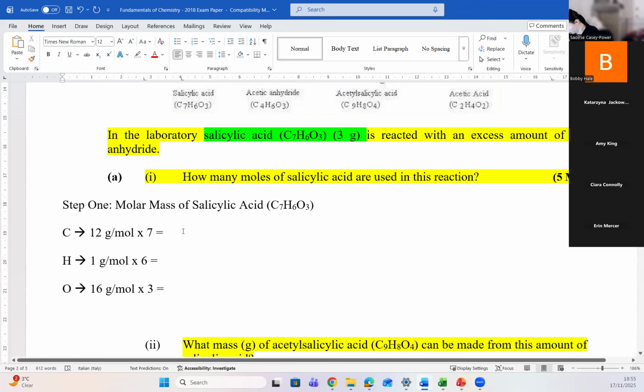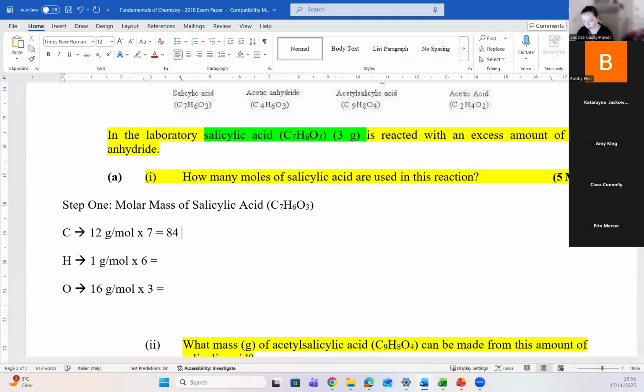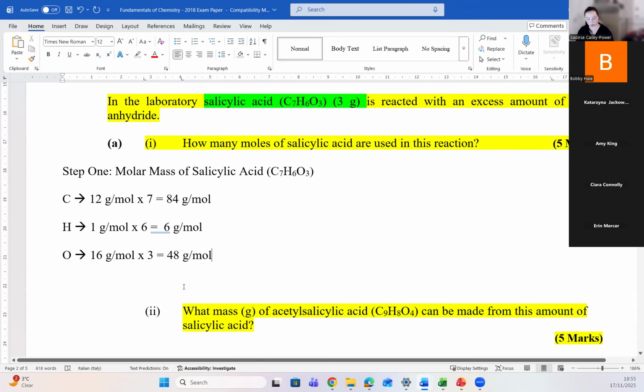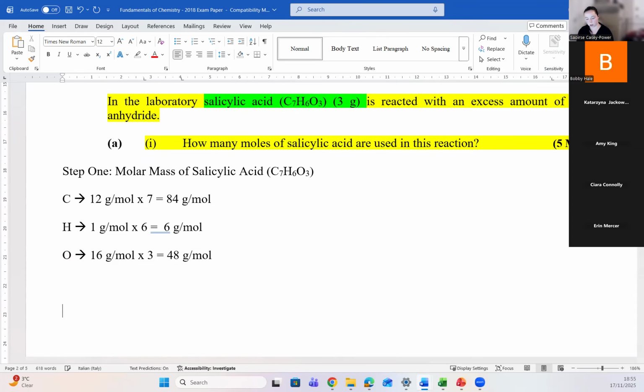Okay, so 12 by 7 then, 12 by 7 is 84. Hydrogen is 6 grams per mole. And we should have 48 in total for our oxygen, so 48 grams per mole.